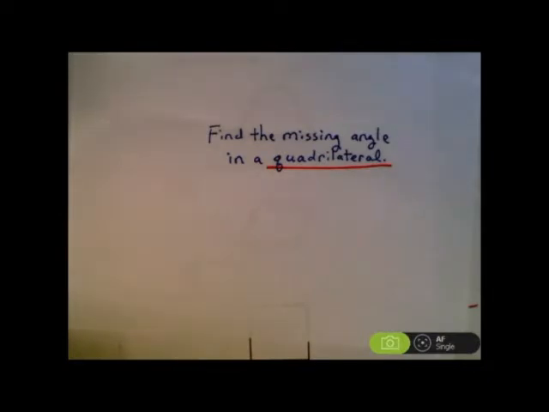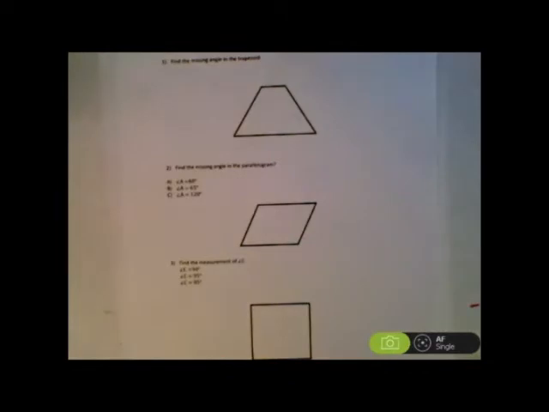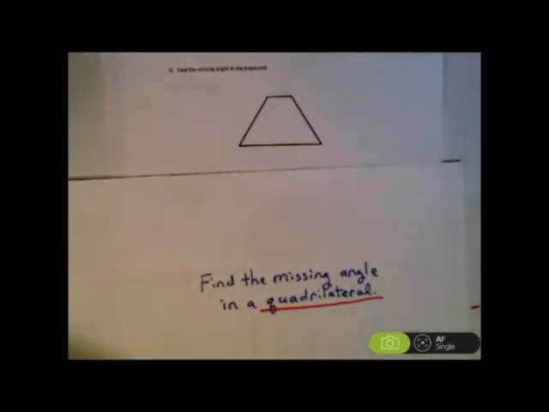Let's take a look at the first quadrilateral that we have here. This quadrilateral is a trapezoid.